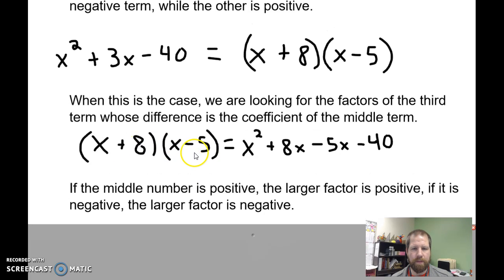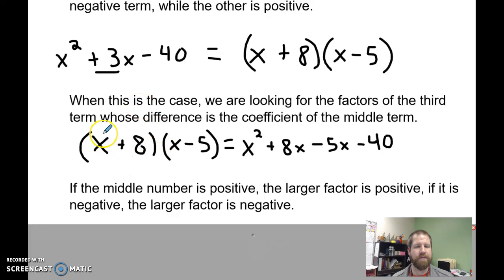And if your middle coefficient, so here we've got a positive 3, is positive, then your larger factor is going to be positive. If this was negative, then my larger factor would be negative, right?